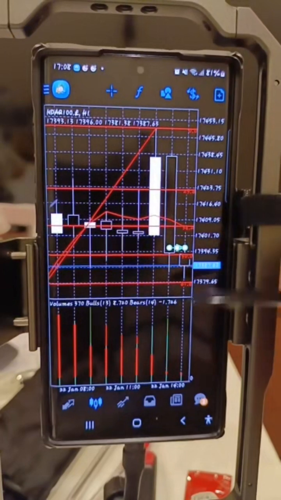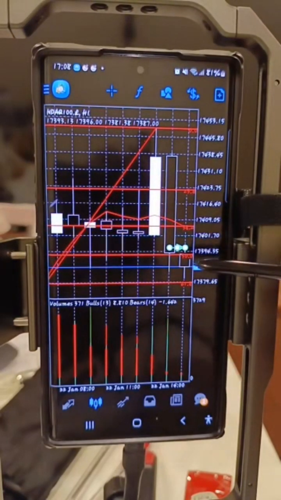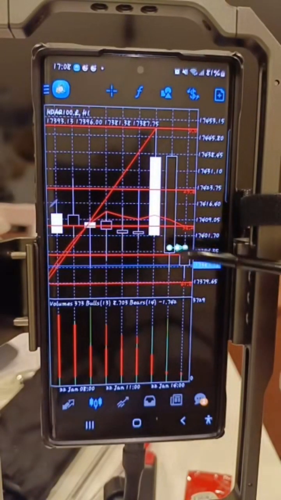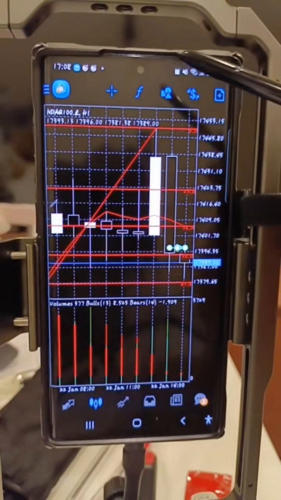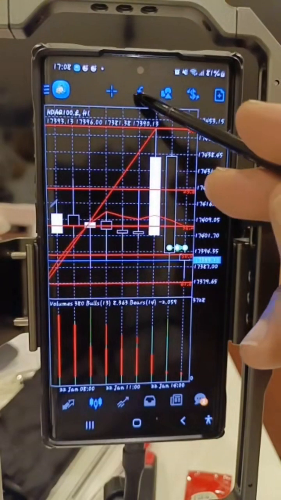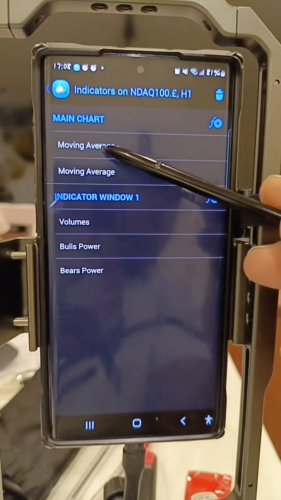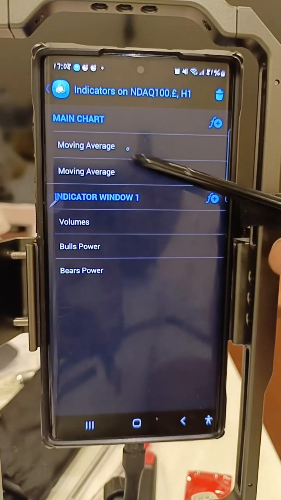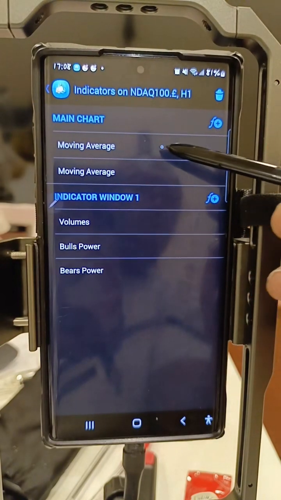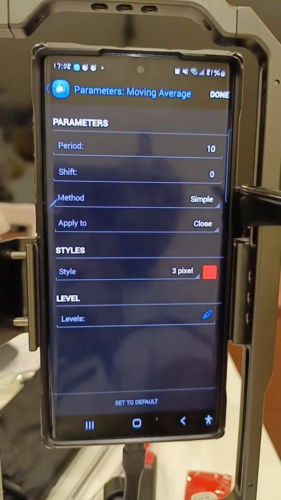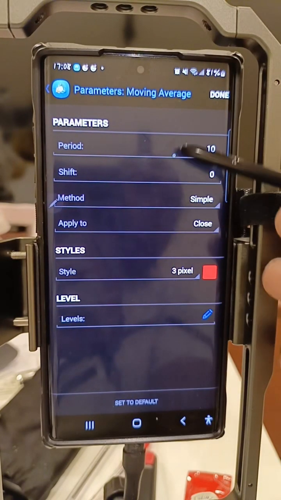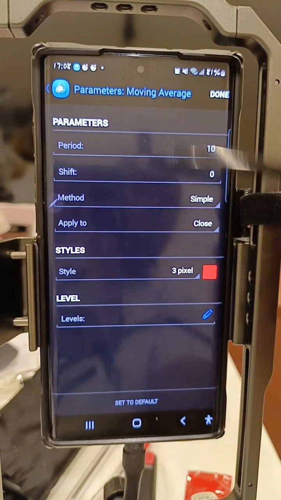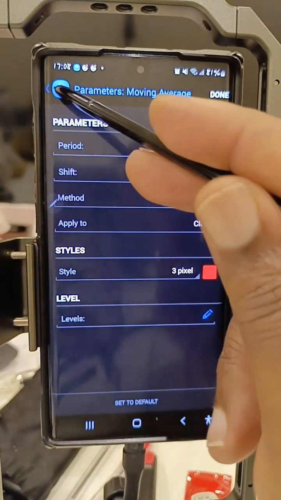All I'm doing here is using the fib and my 20 MA. And I can go through and show you. So I've used my moving average, the 10 MA, simple, close style, and I've colored that red.